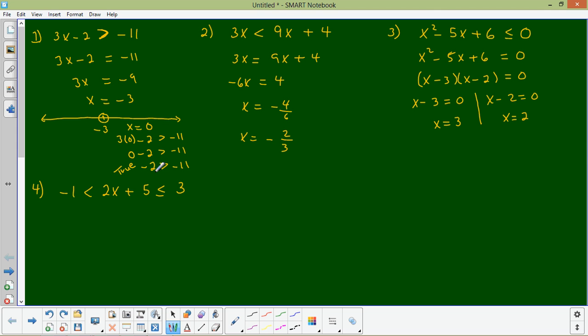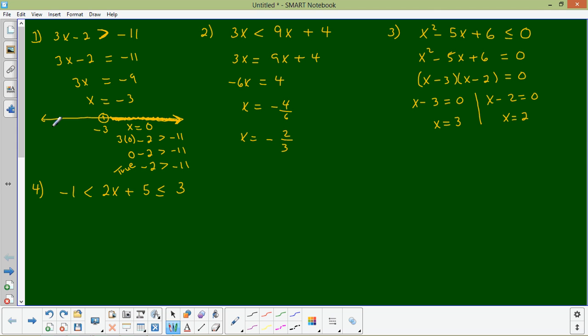It's a true condition because negative 2 is to the right of negative 11. So numbers in that interval, numbers above negative 3, just by testing that one number, I know that all the numbers above there will work. And so you would shade it and you'd arrow it indicating it goes on forever in that direction.